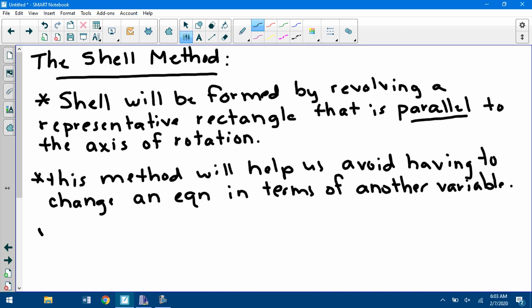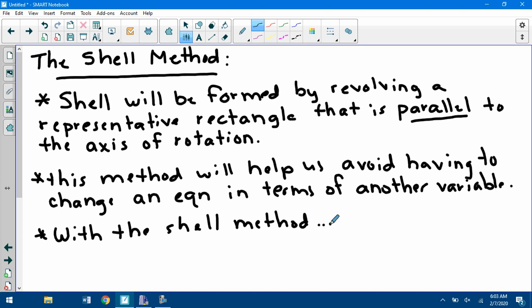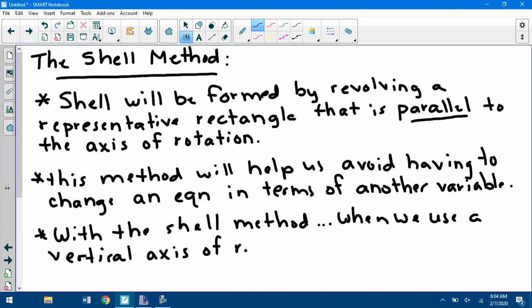This last bullet puts it all together with the shell method. When we use the vertical axis of revolution, we'll keep all values in terms of x.